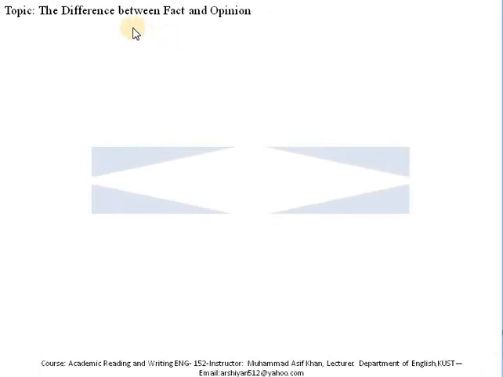Every day we are exposed to a wide range of literature or academic material, specifically students of literature who read analytical articles in which we have hard facts, and who also read fictional novels that come totally from the author's imagination. So distinguishing between facts and opinions is very important.